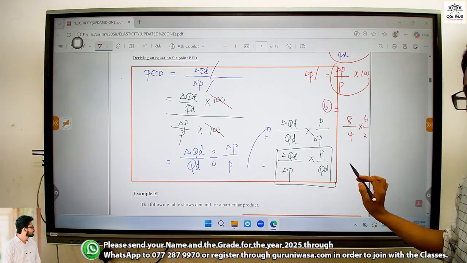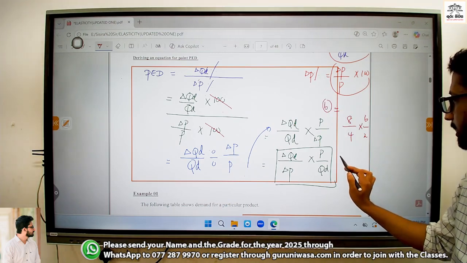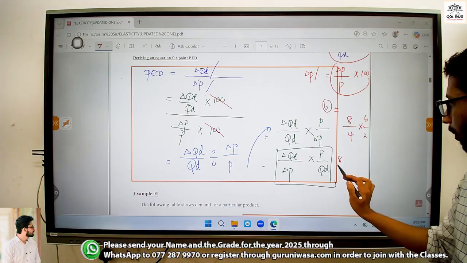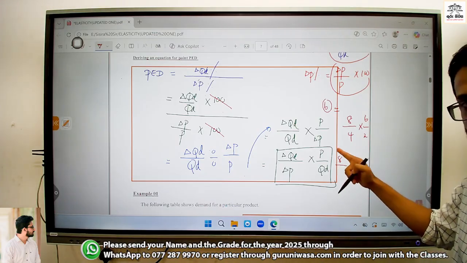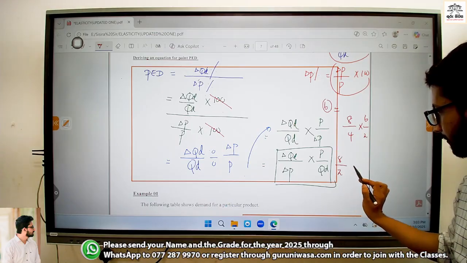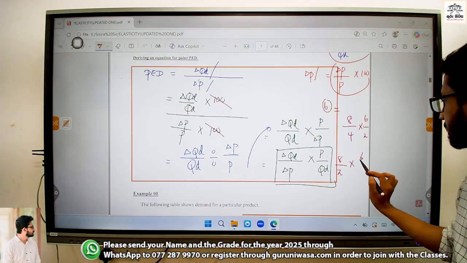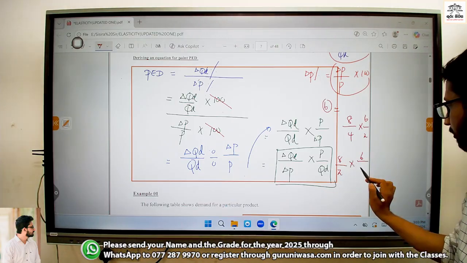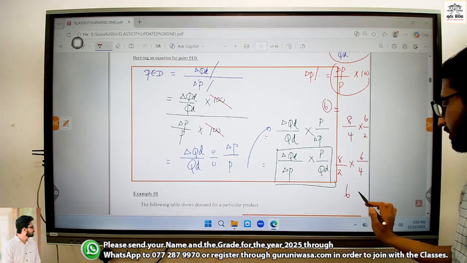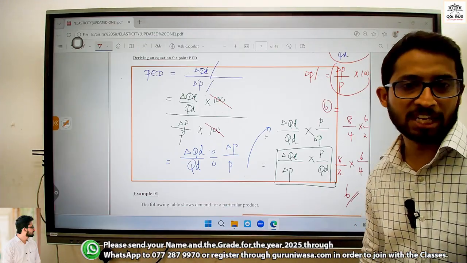If I make a small change like this, 8 over, take 2 here, into 6 divided by 4, you will get the same answer. No change.